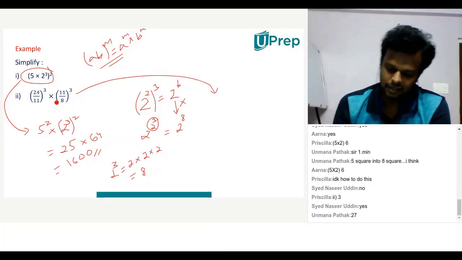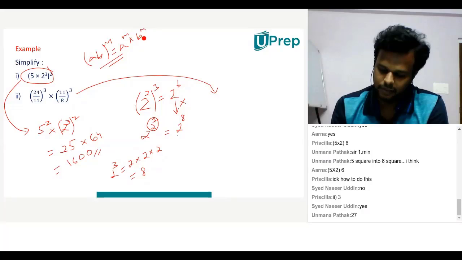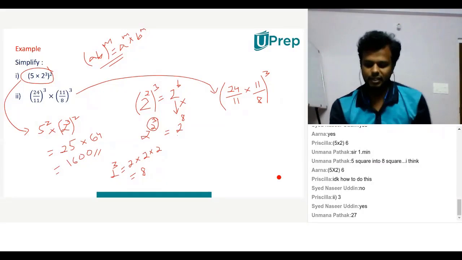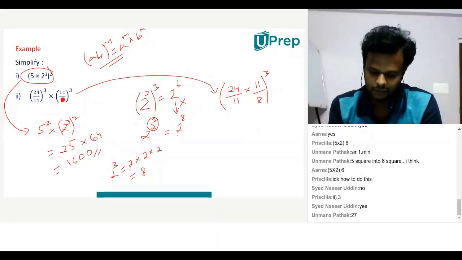So children, this is already in the form a power m into b power m. So I can write this as (24 by 11 into 11 by 8) to the power 3. Children, this is already in the form a power m into b power m.